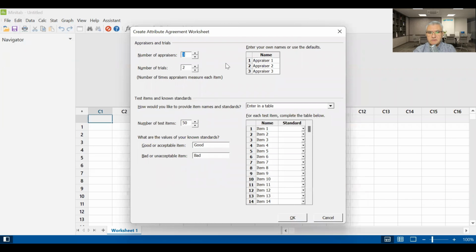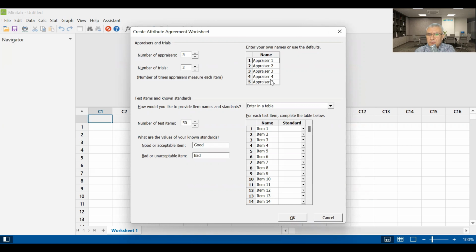Now you have a window that appears. You have here on the left side, upper left corner, number of appraisers. This is the number of people that you would like to test. Let's consider that we have 5.